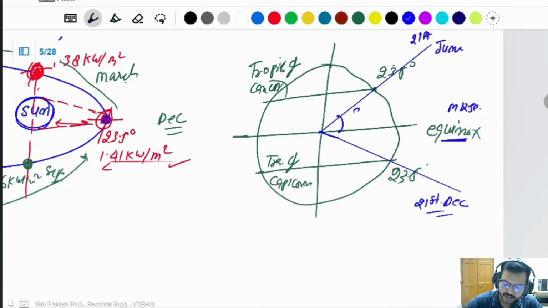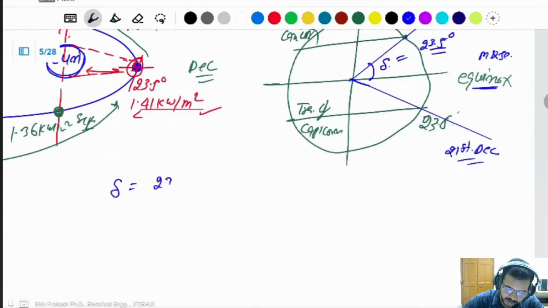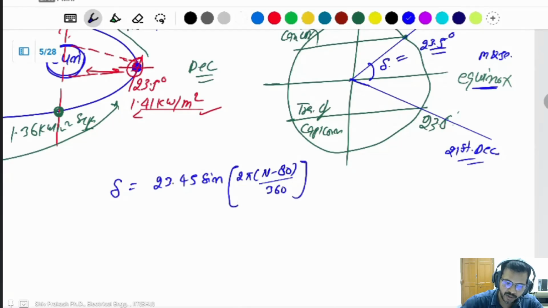The maximum declination angle is 23.5 degrees. It can be calculated from a simple formula: 23.45 into sine of 2 pi times n minus 80, divided by 360, where n is the number of the day, from 1 to 365.